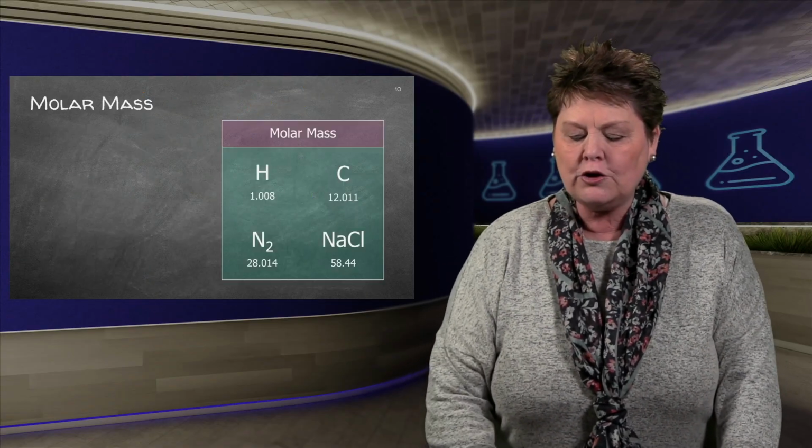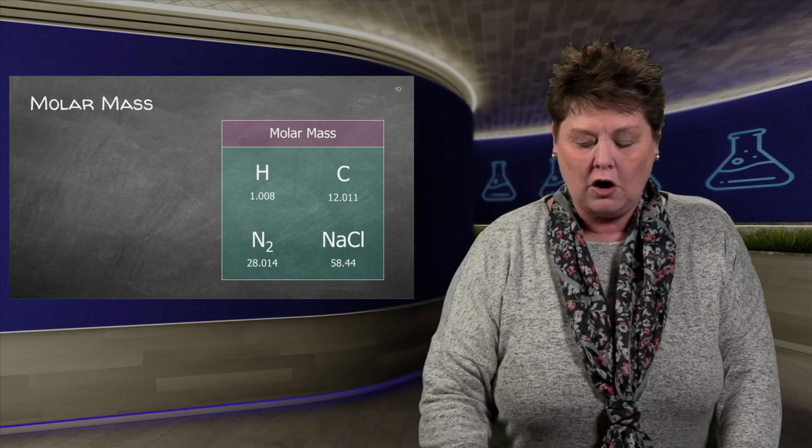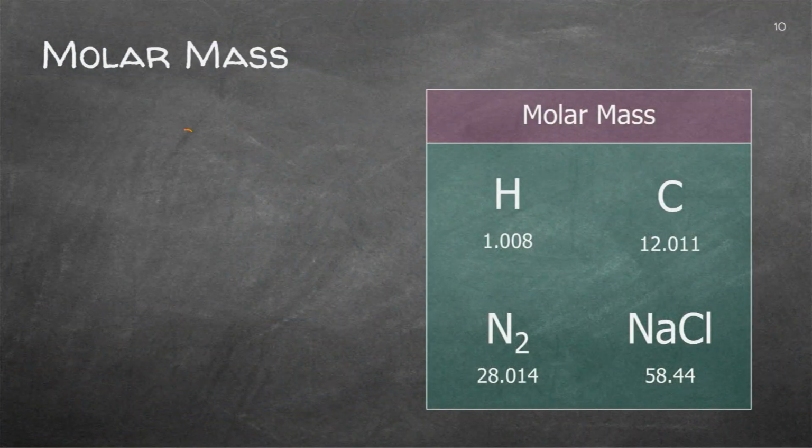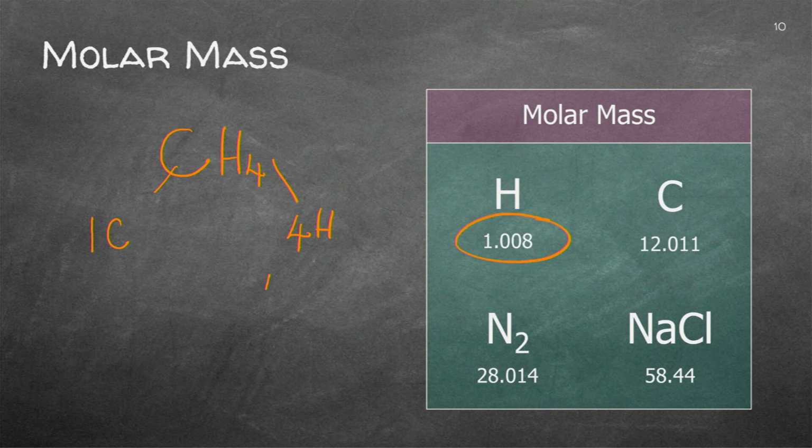Right, let's have a look at the molar mass of CH4, which is methane. What is the mass of methane? You've got 1 carbon and you've got 4 hydrogens. So the hydrogens will be 4 times 1.008, which will be about 4.